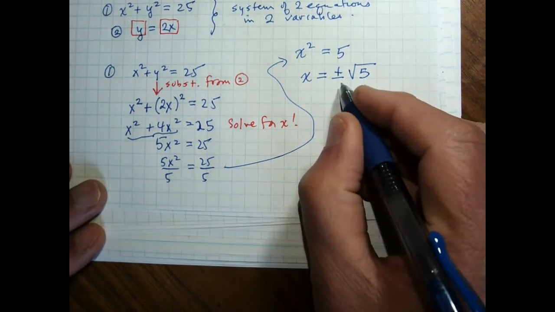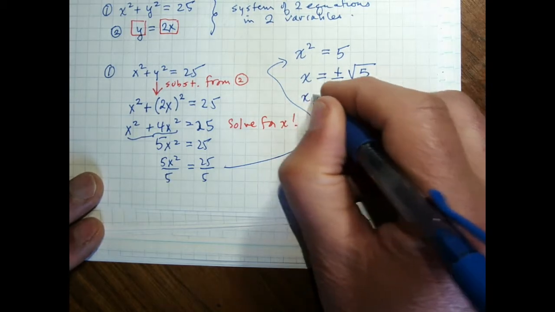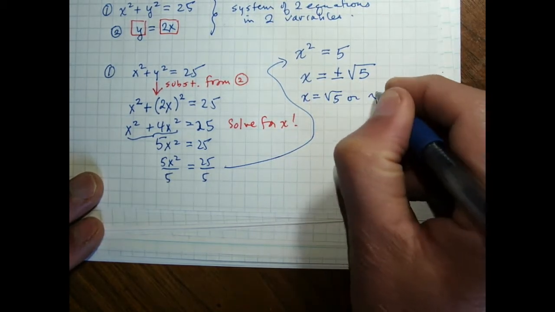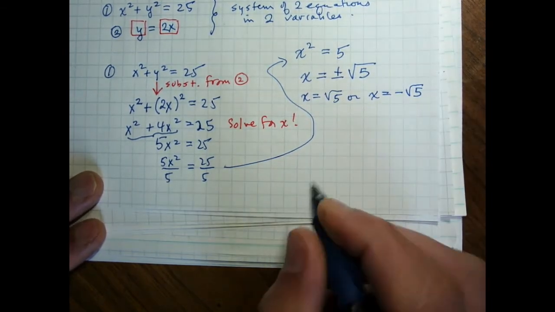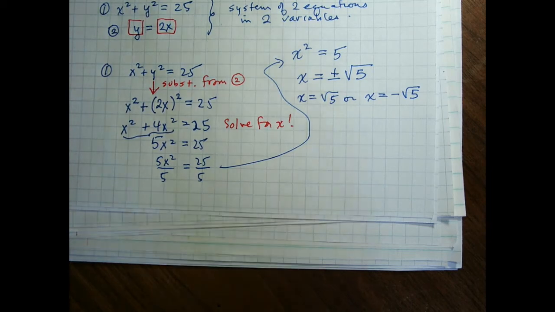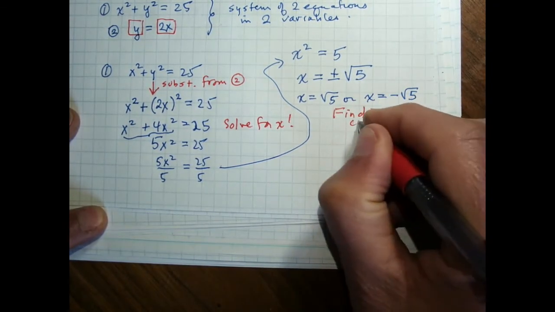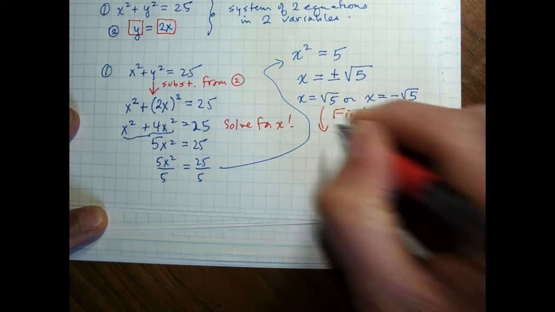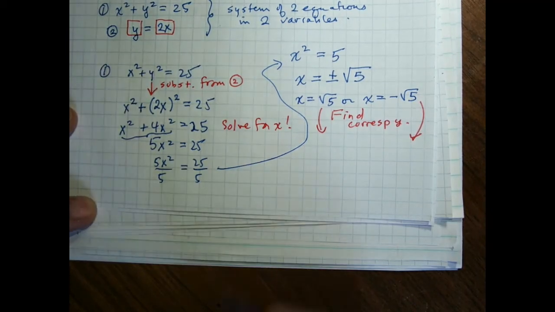I have two possible values of x, and so I should say x equals square root of 5, or x equals negative square root of 5. And then I have to find the corresponding y in each case. And I go back to one of the earlier equations.